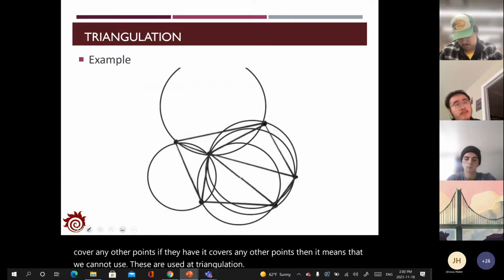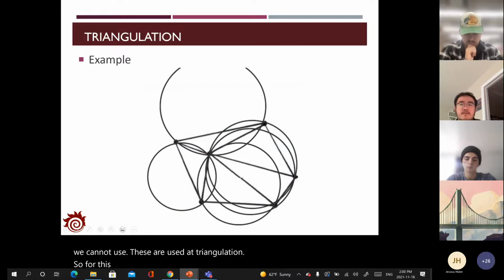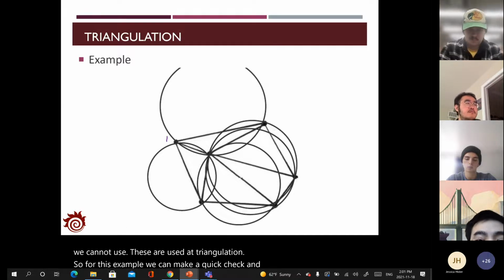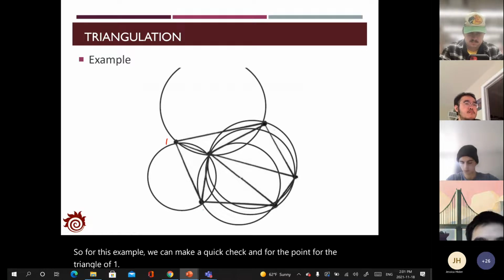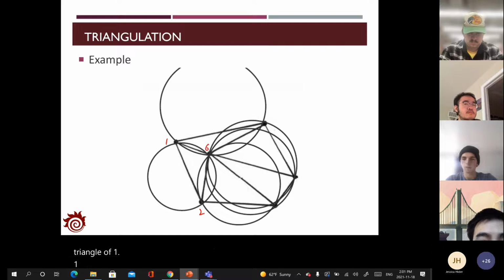So for this example, we can make a quick check. For the triangle 1, 2, 6, you have this kind of circle, and it does not include any other points.